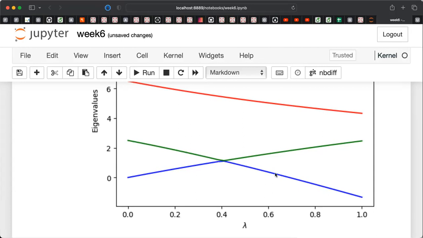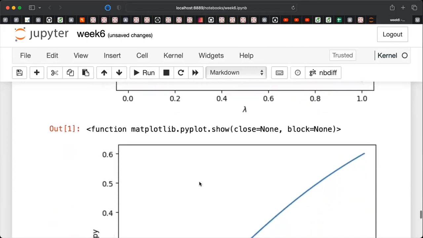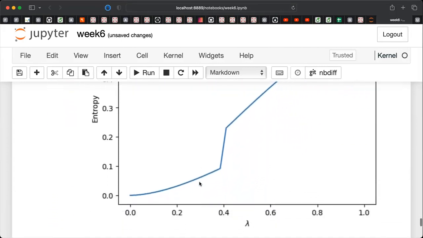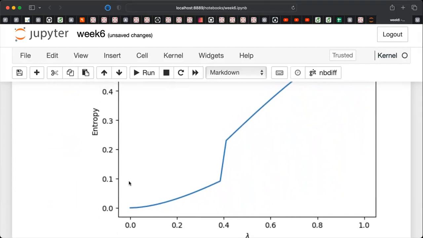And here the state 0, 1 is the one which starts to dominate. So the wave function here changes character. And it's this change of character which also leads to an entropy for one of the subsystems, based on the lowest lying state, where you see a clear jump in entropy.